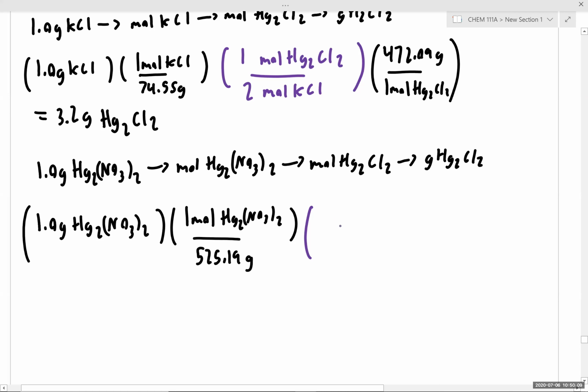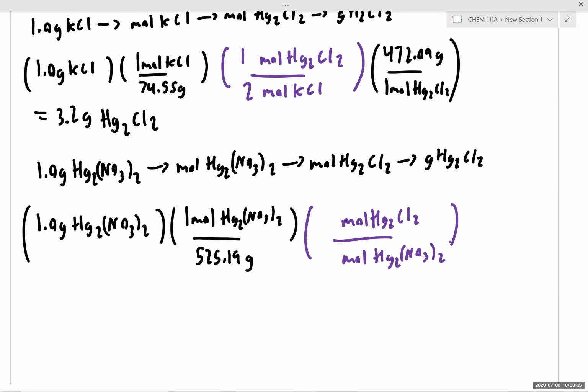And now for the critical juncture, how many moles of mercury 1 chloride do we have per mole of mercury 1 nitrate? What is our mole to mole ratio?